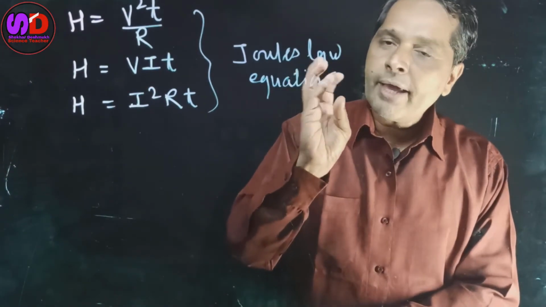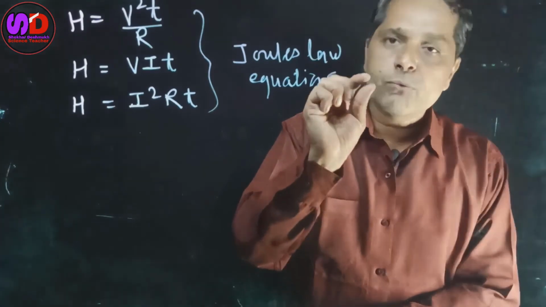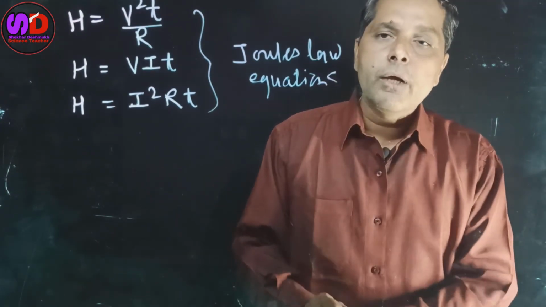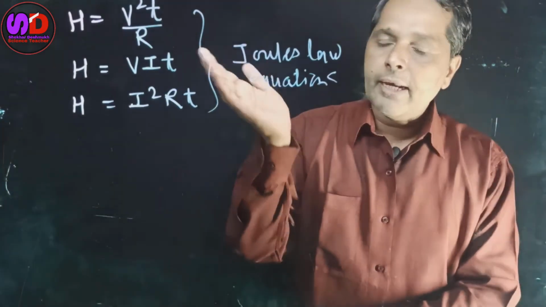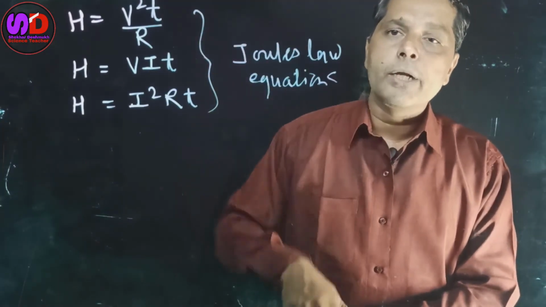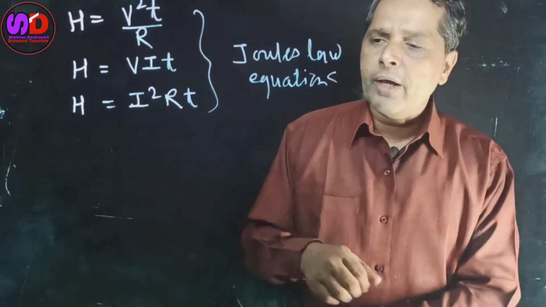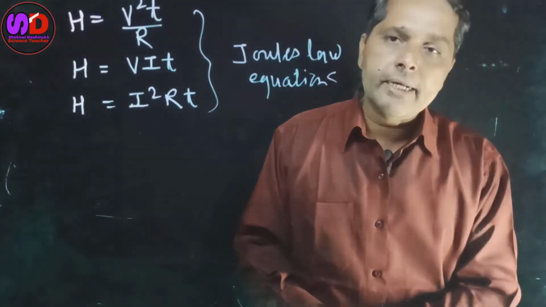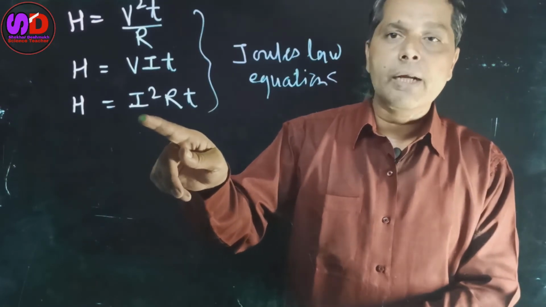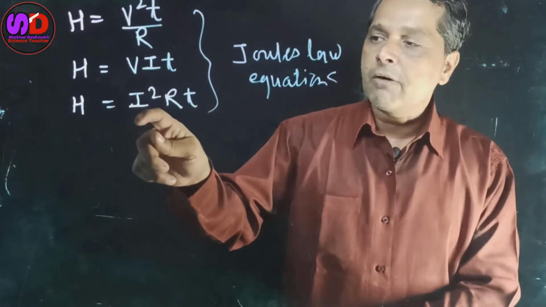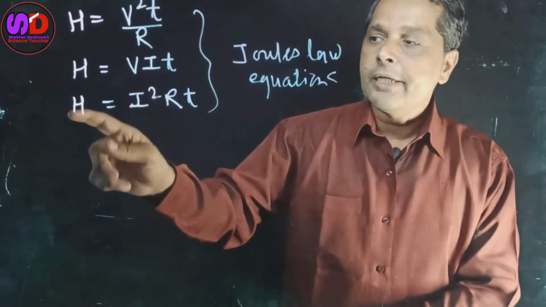If the insulation of the live wire and neutral wire is removed, and there is direct contact between the live wire and neutral wire, then electric current starts flowing through that point. So a very large amount of current flows through the circuit, and due to that a very large amount of heat is given out, I square RT. If electric current increases, heat also increases.